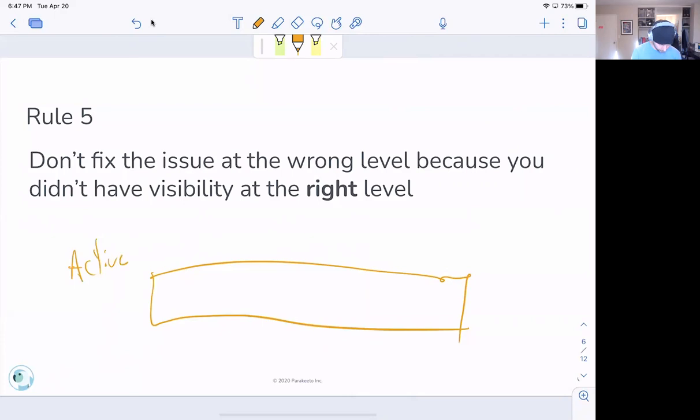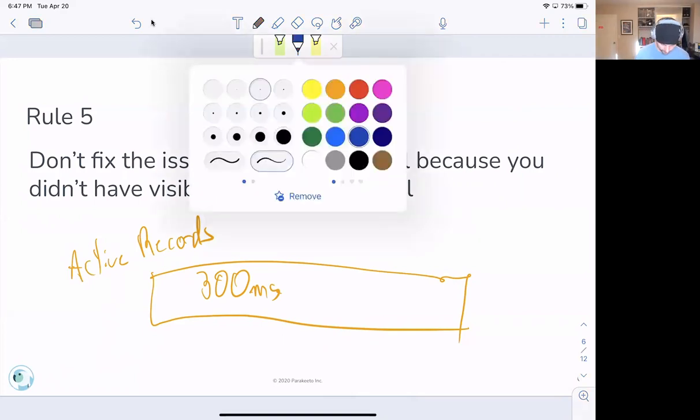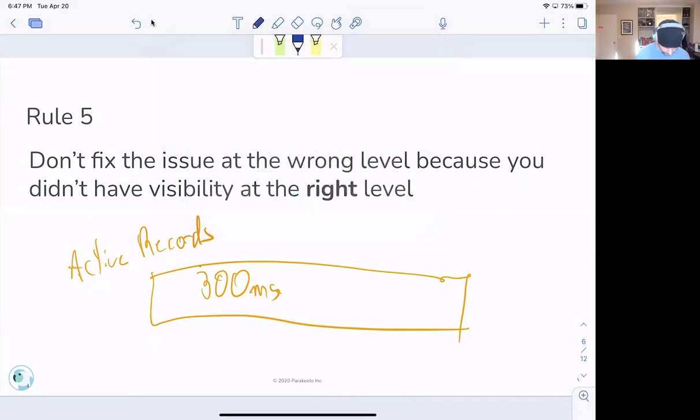So for a given request, say the request took 500 milliseconds to respond, and I could see that 300 milliseconds of that was being spent in active record. So the immediate intuitive inference is to say, oh, the query took 300 milliseconds to happen. But in reality, what was actually going on is that the query time was much smaller. The query time might have been something like 50 milliseconds.